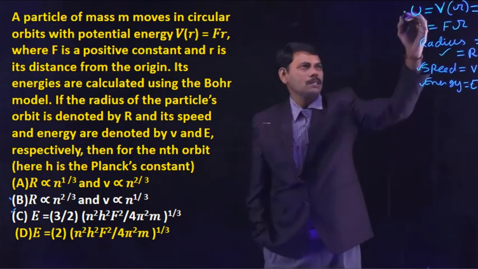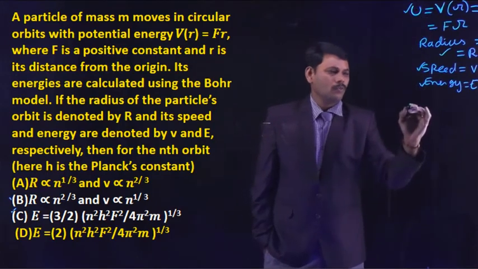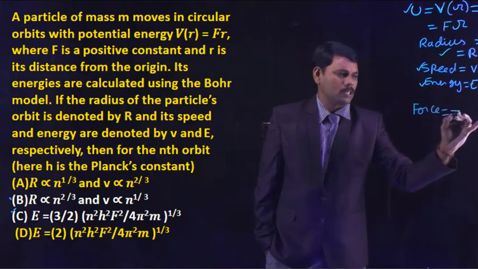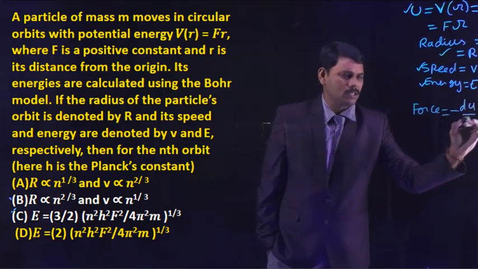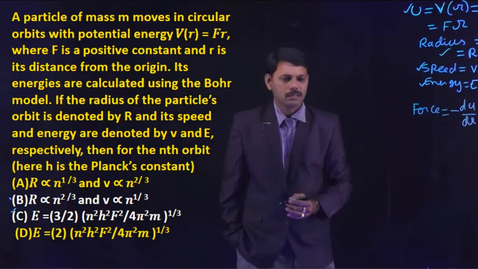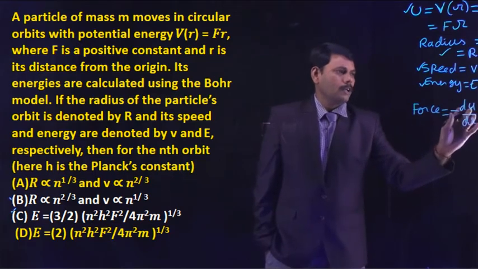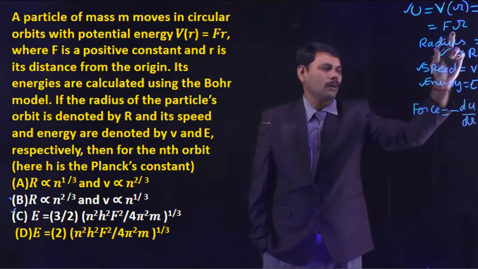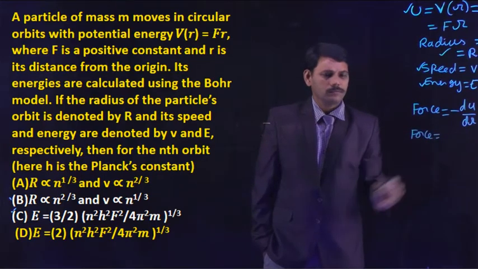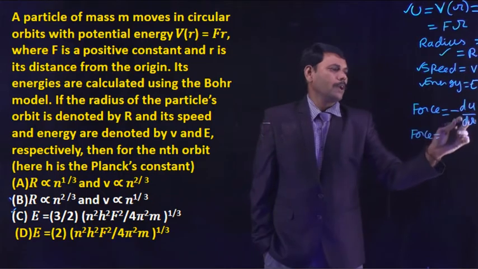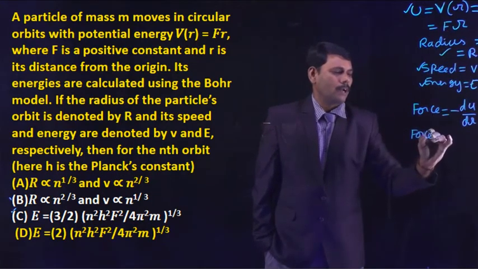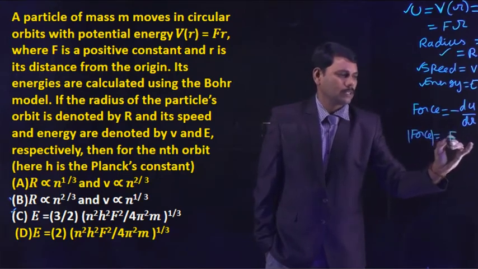Here potential energy is given, then force is calculated from the potential energy by the formula force is equal to minus dU by dr. Therefore, differentiating U, where U is F r, we get force is equal to minus d by dr of F r, which is equal to F. So the magnitude of force is equal to F. F is a constant.